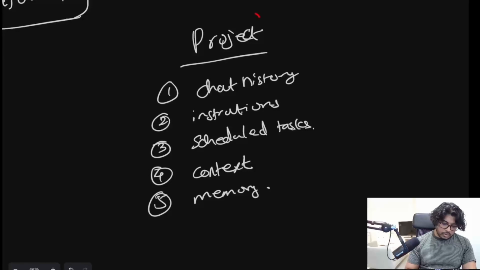So all your projects are going to have 5 things. They are going to have chat history, and then they are going to have instructions. So it has access to the history, and it's going to have instructions which decide how Claude is going to behave, and it has scheduled tasks, let's say you need to do some kind of automation inside your project and maintain certain things there.